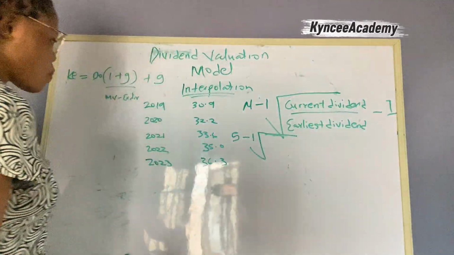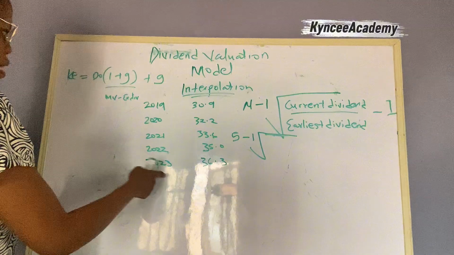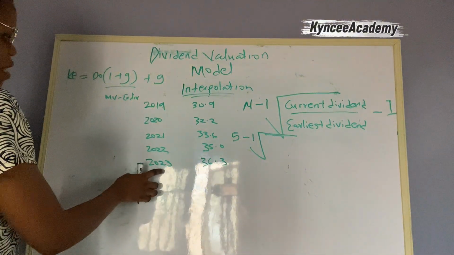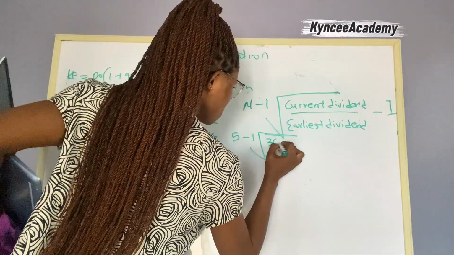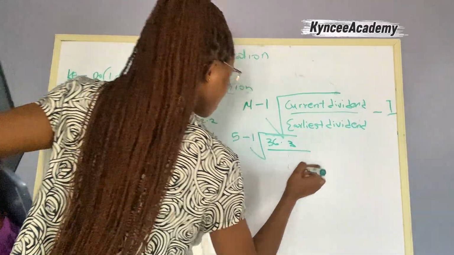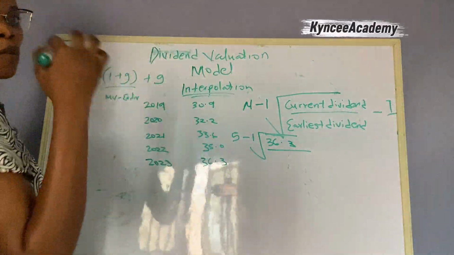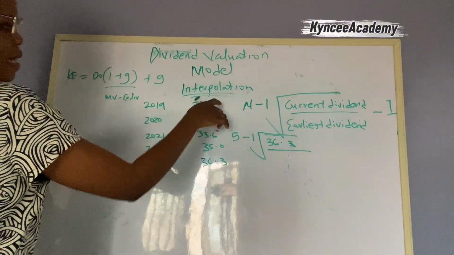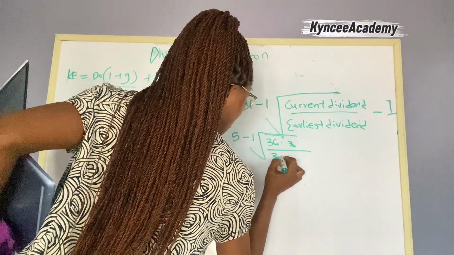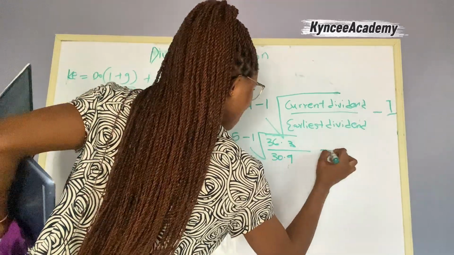What's our current dividend? What is the most current year? It is 2023, right? So we say 36.3, all over the earliest dividend. That's the first dividend, which was 2019, which is 30.9. Then minus 1.